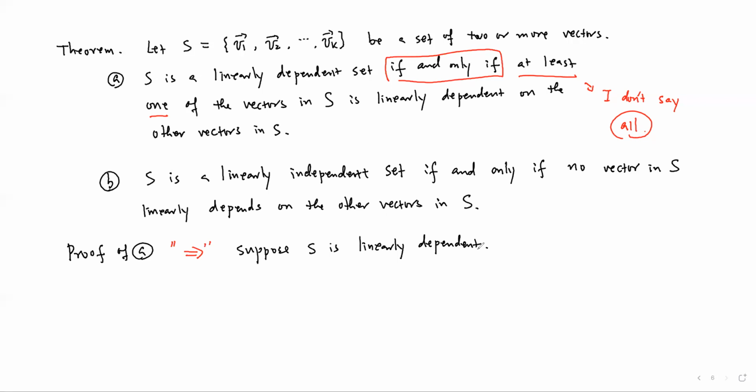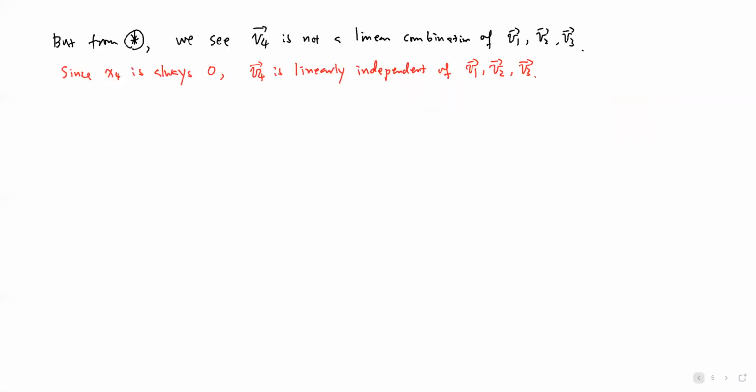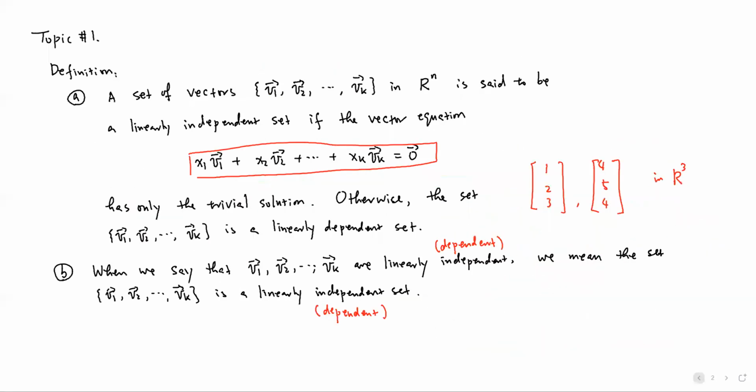What is the meaning of linearly dependent? Go back to the definition. The set is linearly independent if this vector equation has only the zero solution. If this vector equation has a non-zero solution, then the set is a dependent set.